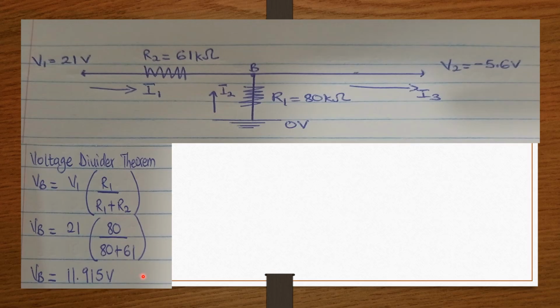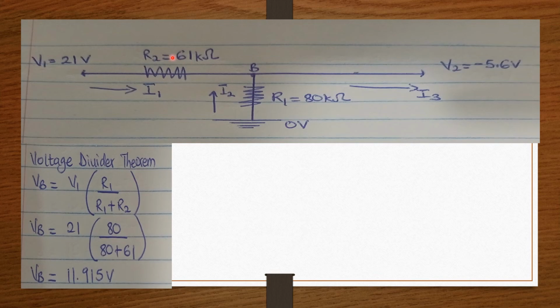Again, we are not done yet. We want to find the current I1. Since we know the voltage V1 and the voltage VB, and we also know the resistor R2, which is 61 kilo ohm, we can find I1 by subtracting VB from V1 and then dividing by R2.